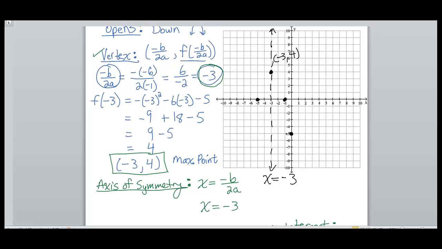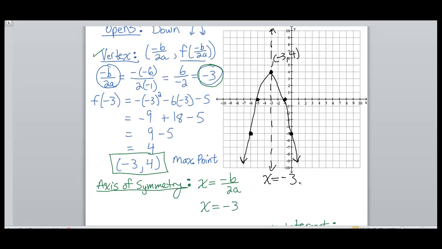It is 1, 2, 3 units to the right of our axis of symmetry. So if I go 3 units to the left of my axis of symmetry, staying on that same line, 1, 2, 3, then I'll have another point that I know my graph goes through, okay? And so since I have this bit of information, I can draw my parabola.